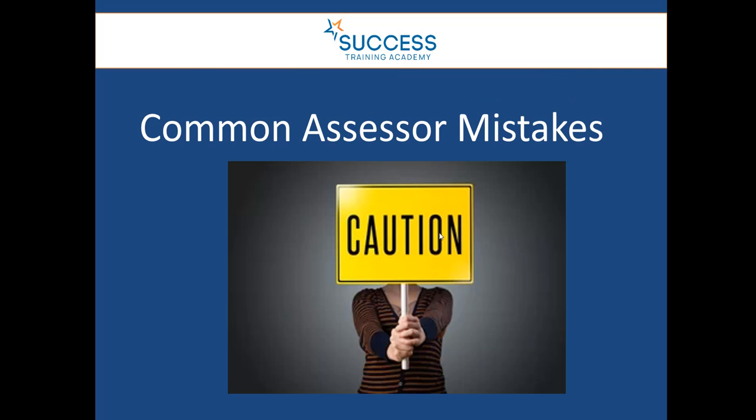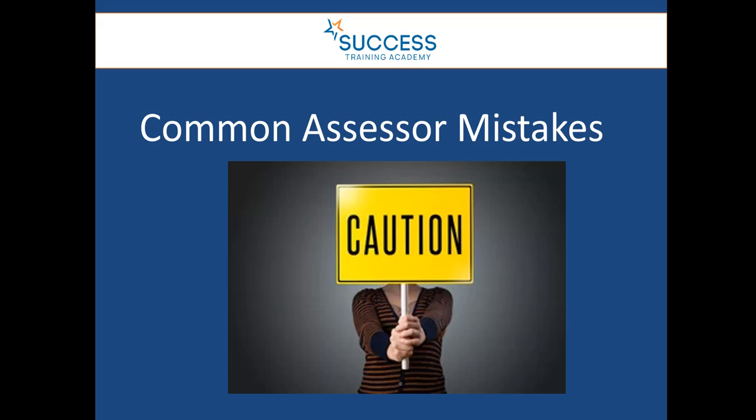Now, common assessor mistakes. Let's talk about it straight up, because assessors do make mistakes, but some mistakes are more severe than others and can have a serious compliance impact. One of the biggest things we need to remember as assessors is that assessing is the most significant and impactful area when it comes to an audit.